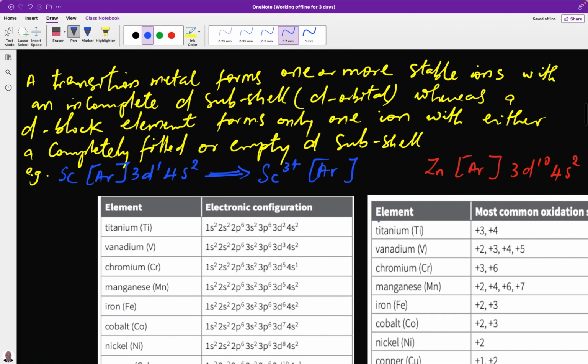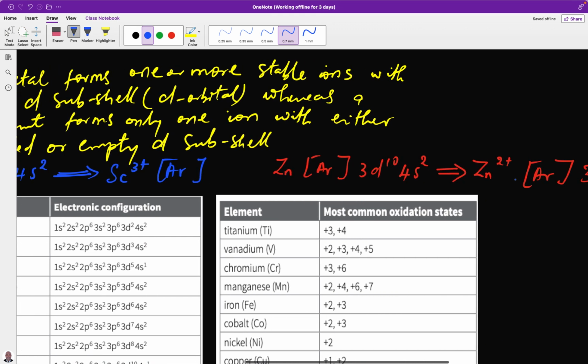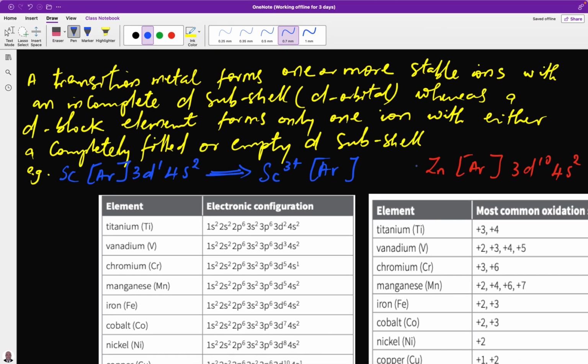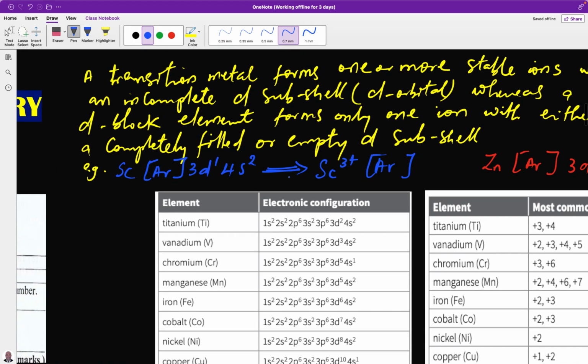That is why I said a transition metal forms one or more stable ions with an incomplete d subshell, whereas d block elements form only one ion with either a completely filled or completely empty d subshell. The one that has a completely filled d subshell is zinc when it forms an ion. And the one that has a completely empty d subshell is scandium when it forms an ion. So that is the difference.